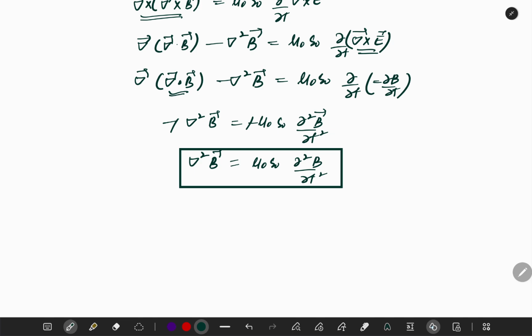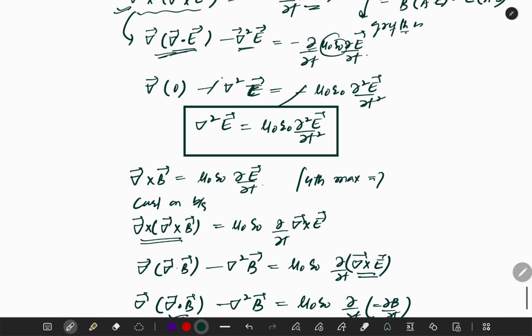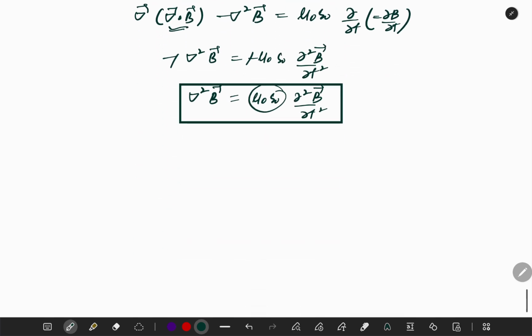This mu 0 epsilon 0 is common here, and we know the speed of light is 1 over root of mu 0 epsilon 0. Taking the square on both sides, c square equals 1 over mu 0 epsilon 0, which implies mu 0 epsilon 0 equals 1 over c square.